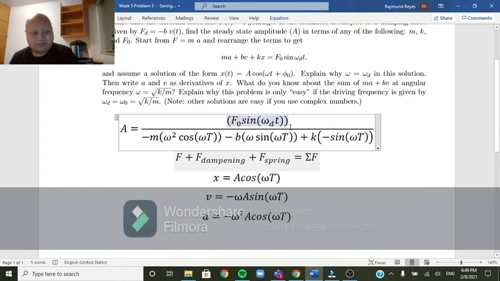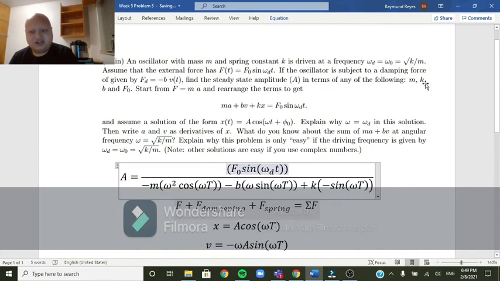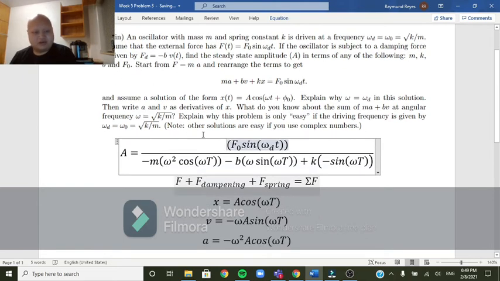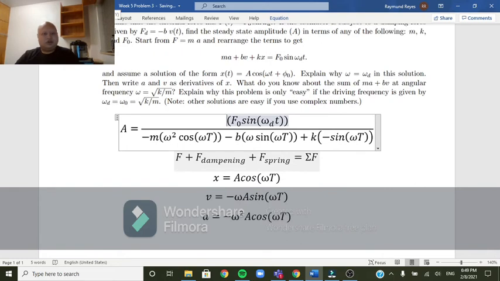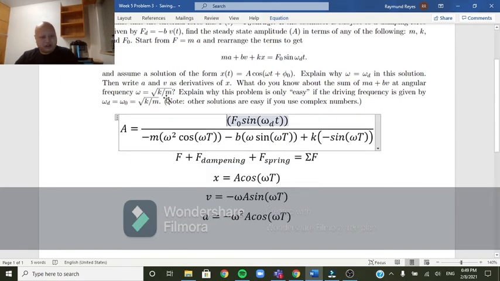Now that we have the amplitude function, you have to put it in the terms given to us: mass, spring constant, damping constant, and initial driving force. So we have to eliminate omega because omega is illegal in this case in terms of this problem. So replace it with the square root of k over m as they told us to.